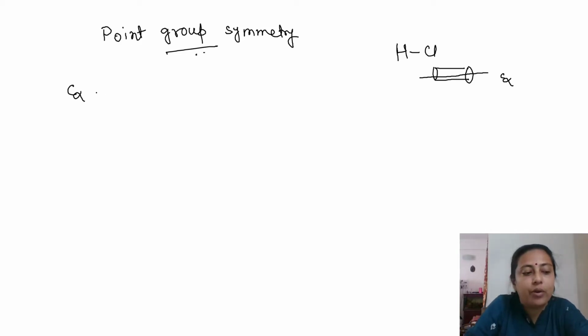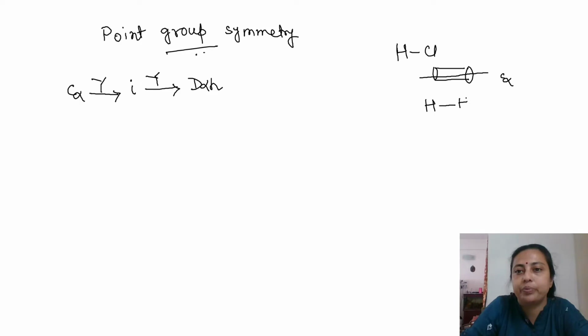So if the molecule has a C infinity axis, look whether it has an inversion center, I. If it has I, the molecular point group is D infinity H, like the hydrogen molecule.